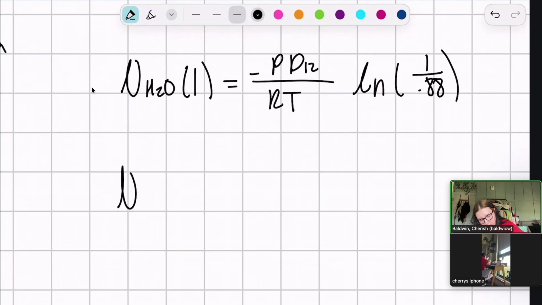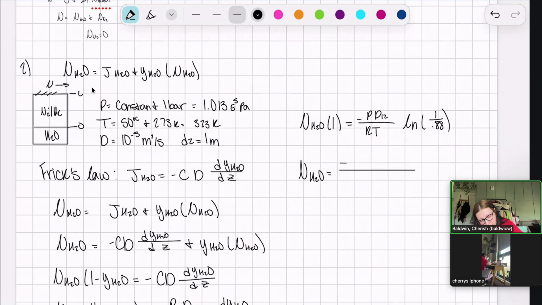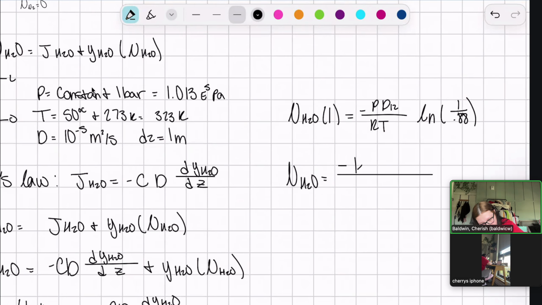So the molar flux of H2O is negative 1e⁵ Pa times 10 to the negative 5th meters squared per second, and then R is 8.314 joules per mole Kelvin, and temperature is 323 Kelvin.